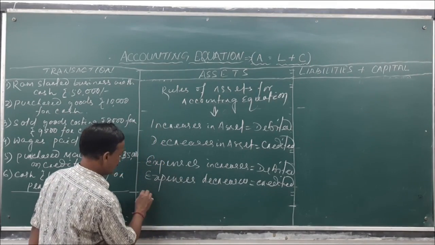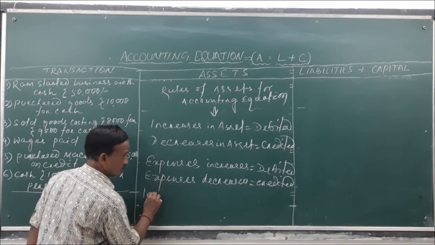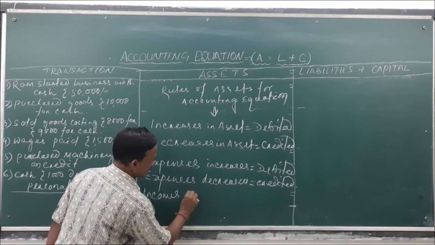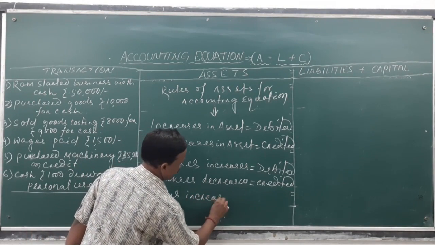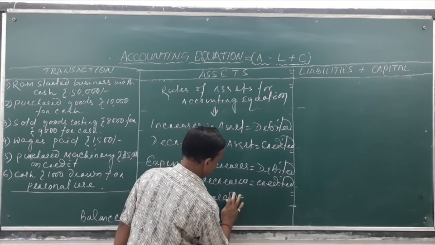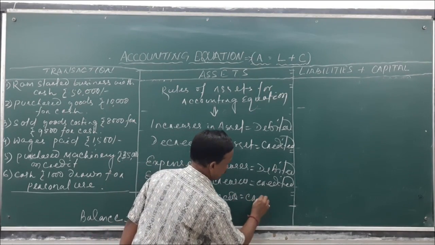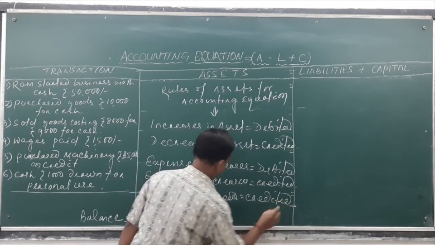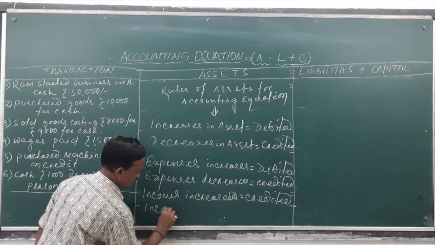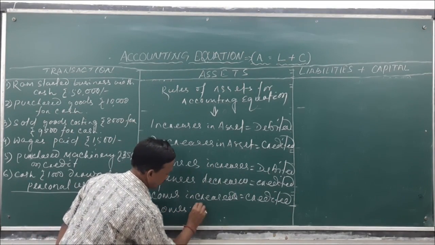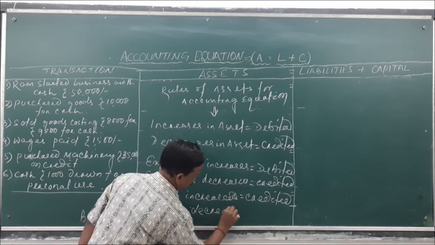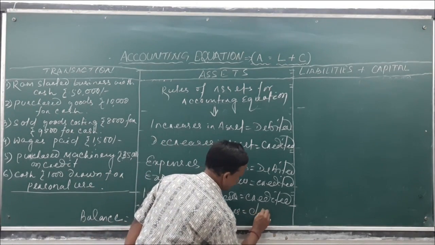So likewise, there are the incomes: increases is credited, income decreases is debited.